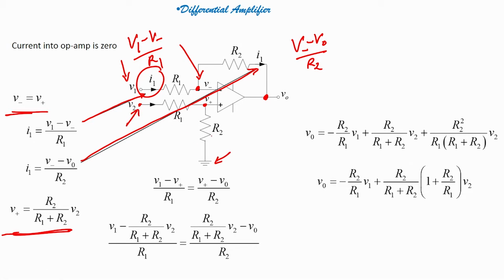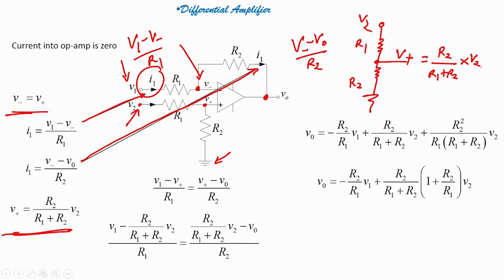So, it looks like we have V2, we have R1, we have R2, and we are measuring V plus. V plus would be nothing but R2 divided by R1 plus R2, into V2.